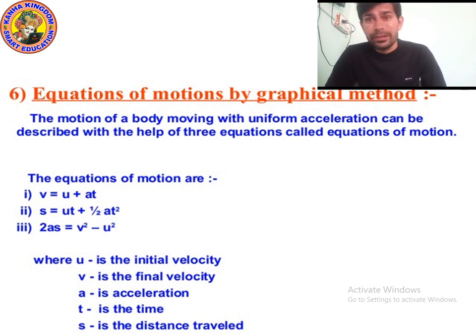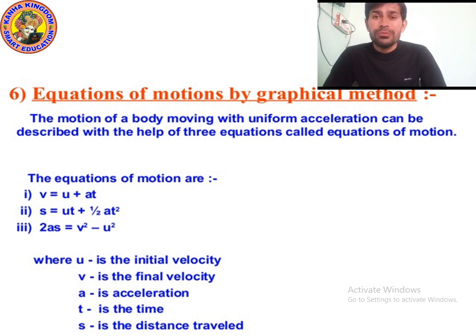Body means any object, like a car, not a human body. Here, object means anything that can do motion. So the motion of any object with uniform acceleration can be described with three equations, which are known as the equations of motion. The equations are on the screen.